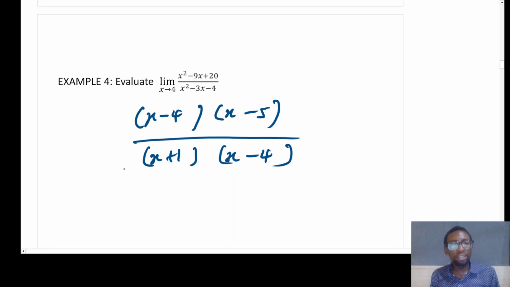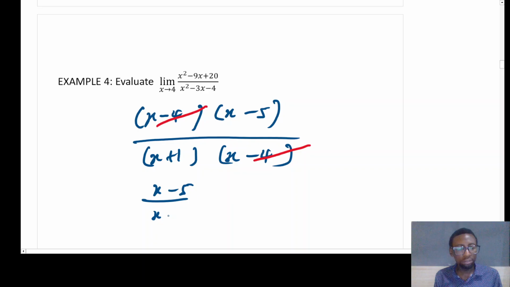So at this point, you can see that x minus 4 is common. So x minus 4 is there, x minus 4 is there, and we are left with x minus 5 over x plus 1.